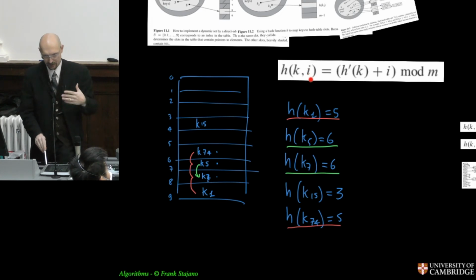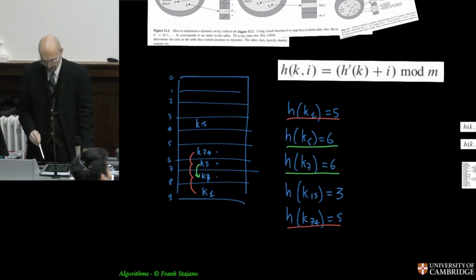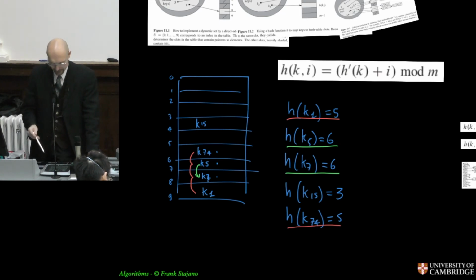So the first time is time 0, the next time is time 1, the next time is time 2. And so the real hash function is this h prime, and I use that plus the probe number as an offset to decide where to go. This is successive attempts in case the place that I wanted was already taken.